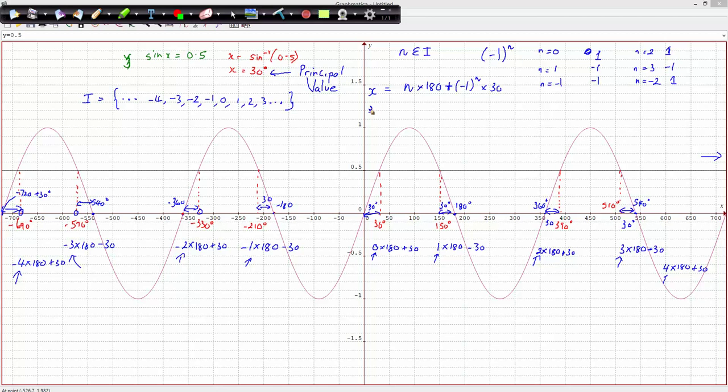Okay, so we could generalize this as 180 n plus -1 to the power of n times whatever our PV is. Okay, so this here is going to be our general solution.